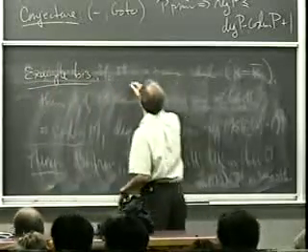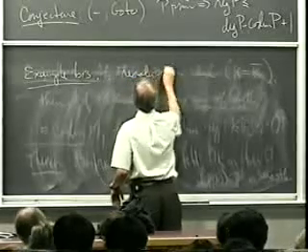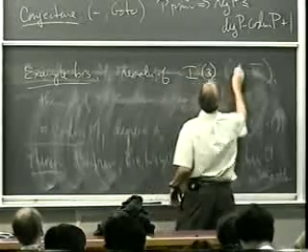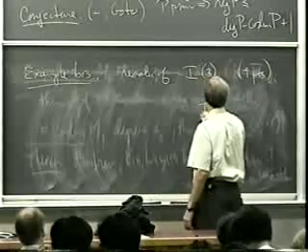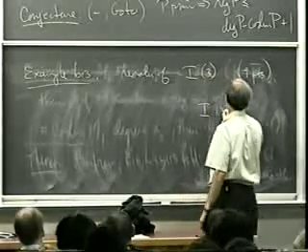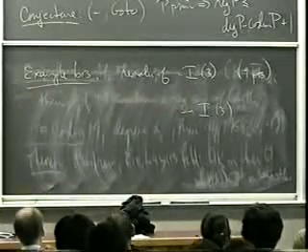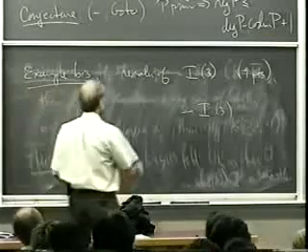The resolution of the ideal twisted by 3 for the 9 points looks something like this. I have S squared plus S of minus 1.